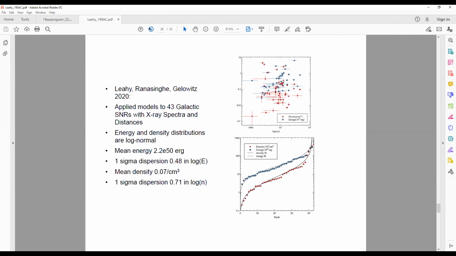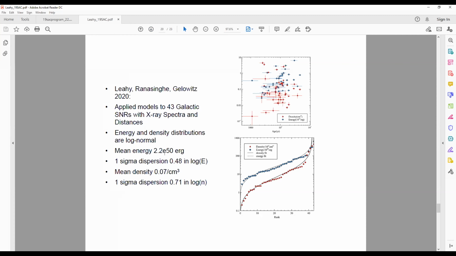Okay, so the most recent sample was 43 galactic supernovae. This is the entire sample from Green, which have distances and X-ray spectra. And we fit, so for each remnant, we get an explosion energy, an ISM density, and an age, and we could fit the cumulative distributions.